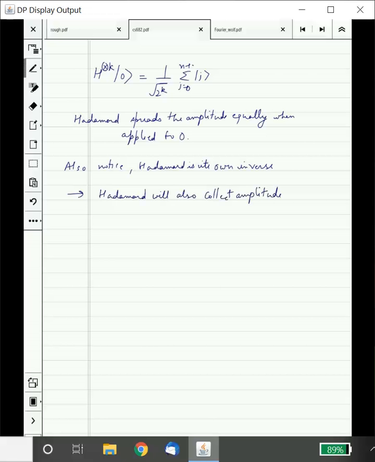What this means is, if I take Hadamard and apply it to psi, where psi is equal to, let's say, summation alpha i, in this case it will be something plus 1. I don't care about these amplitudes, but this will be summation alpha j. All my amplitudes will be collected on state 0. And that is what we wanted.